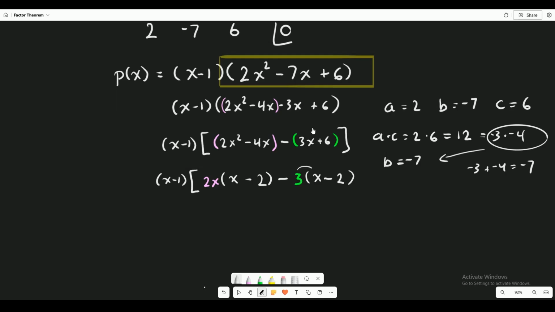Okay, quick, we're good. 3 times x is 3x. So far, so good. All right, and this is in brackets, just like that. Making sure I did this correct. Just checking my math. Minus 2 times x is 2x squared. 2x times minus 2 is negative 4x.